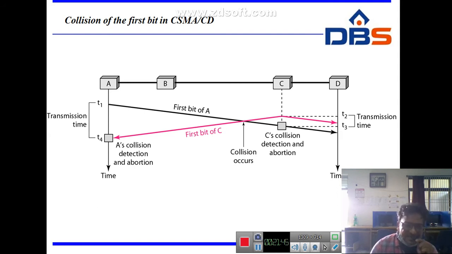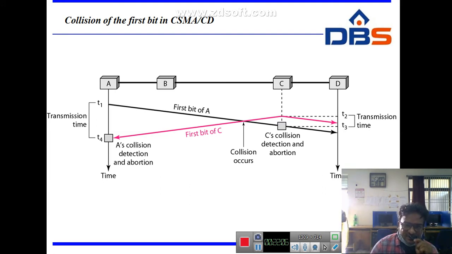So at time T1, the first bit of the data will be transmitted from station A to D, and that will be reached at the time of T2 and T3.